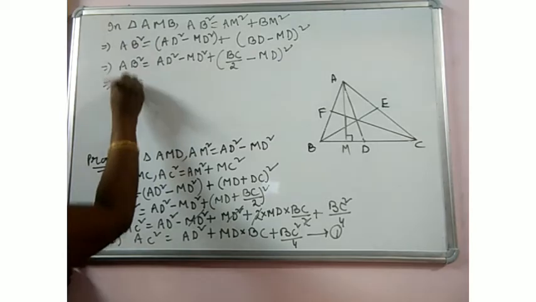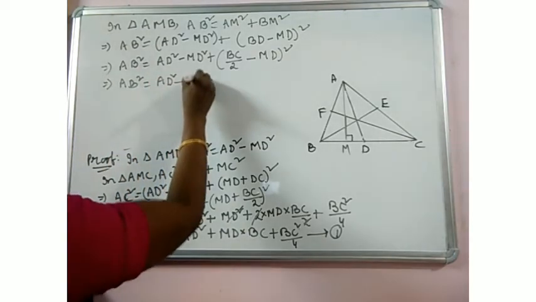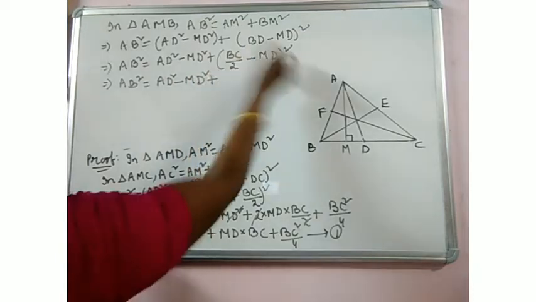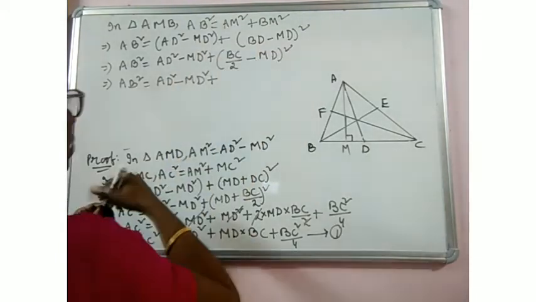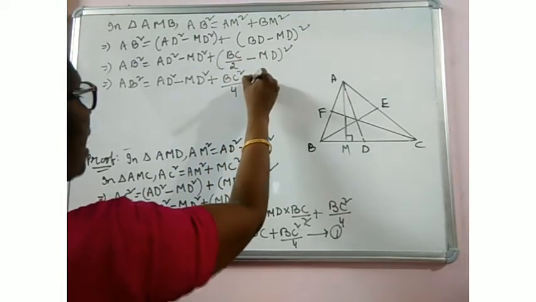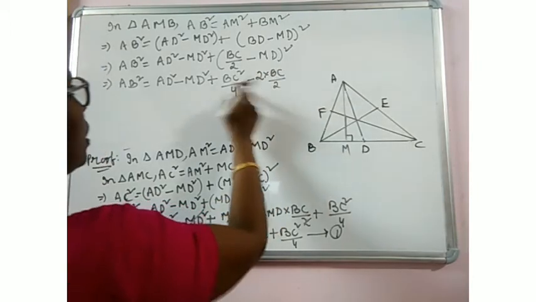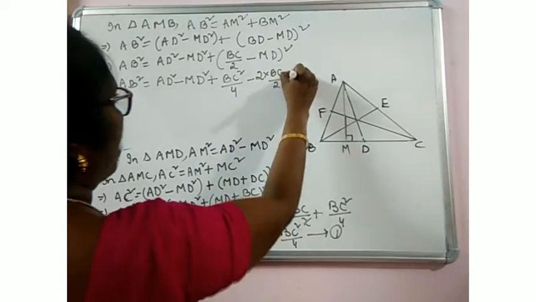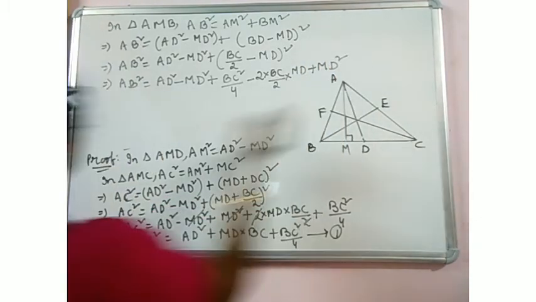That implies AB square equal to AD square minus MD square, plus, again this is like A minus B whole square, so A square, that is BC square by 4, minus 2 into BC by 2 into MD plus MD square.